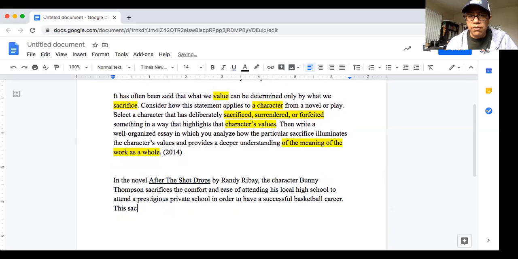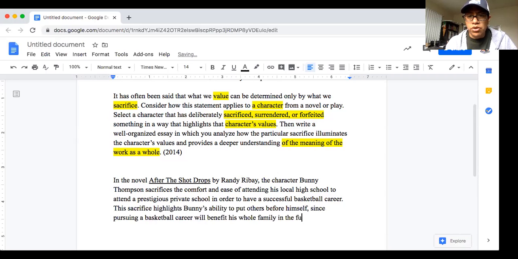This sacrifice highlights Bunny's maybe ability to put myself since pursuing a basketball career will benefit his whole family in the future.